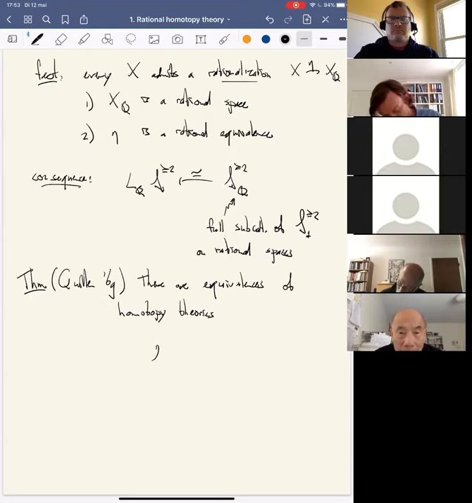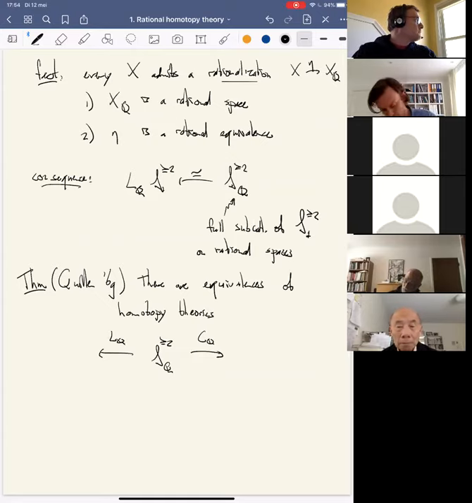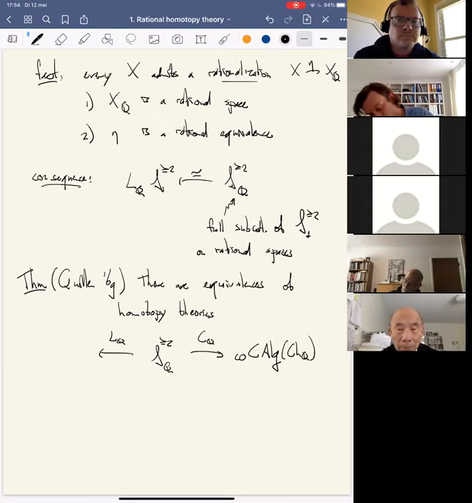As follows, there is this rational homotopy category, and then there are two functors to two different algebraically flavored categories. Let me denote these functors by C_Q and L_Q. One of them goes to something having to do with differential graded co-algebras, which I'll denote like this: co-C-alg in chain complexes over Q, greater than or equal to 2. So what does this mean?